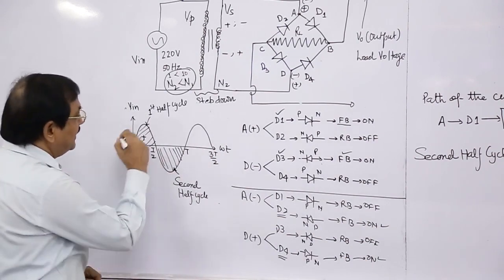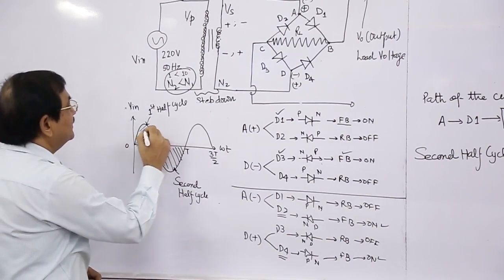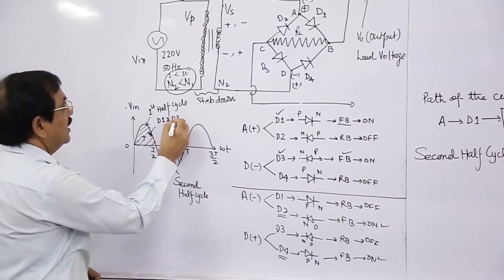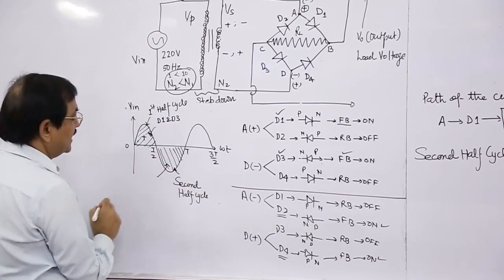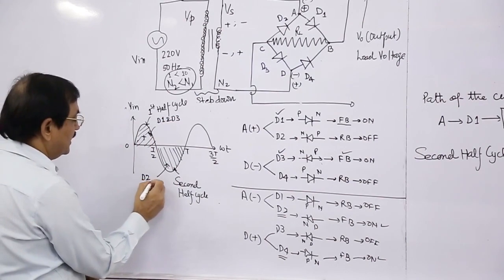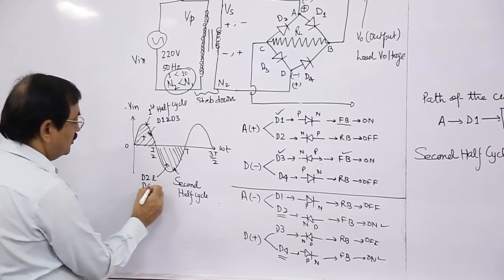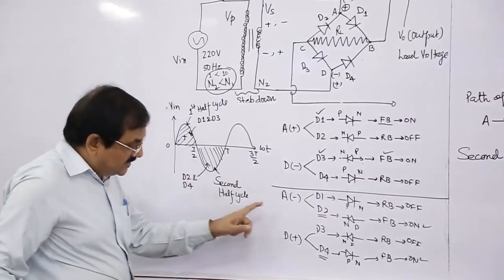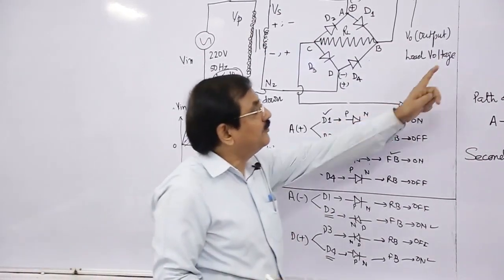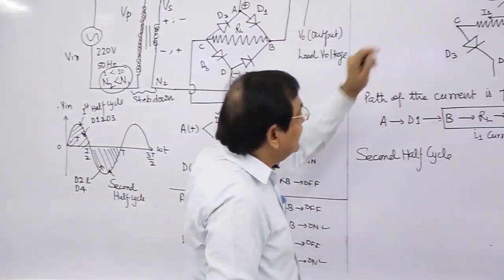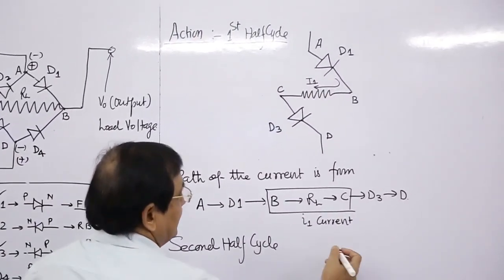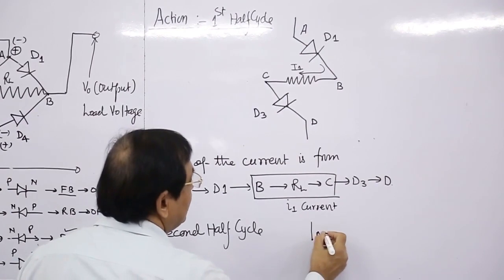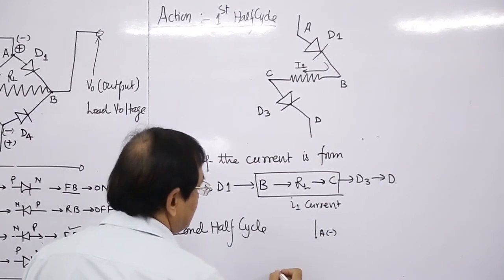So what we find is, in the case of the first half cycle, it is D1 and D3, and in the case of the second half cycle, it is D2 and D4. The action is here, you see, this is A. A is negative.